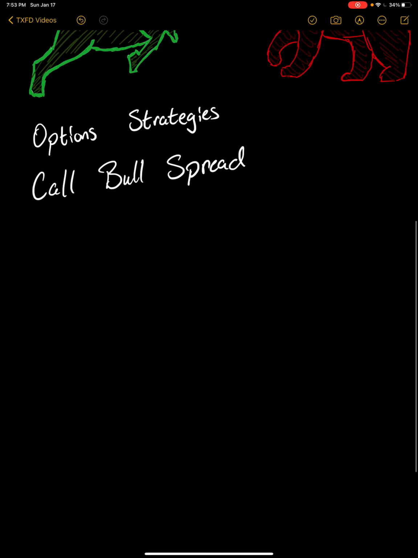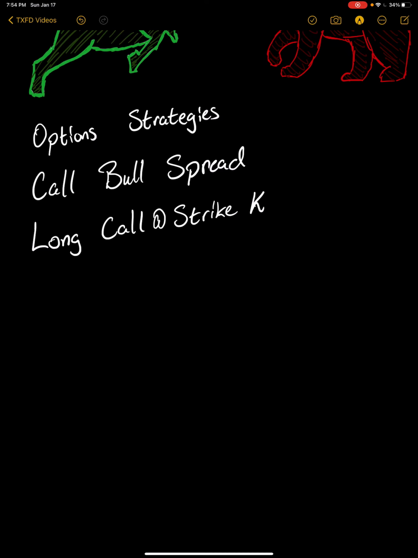So the call bull spread consists of purchasing one call, so long one call, with strike K1, and short or sell another call at strike K2.